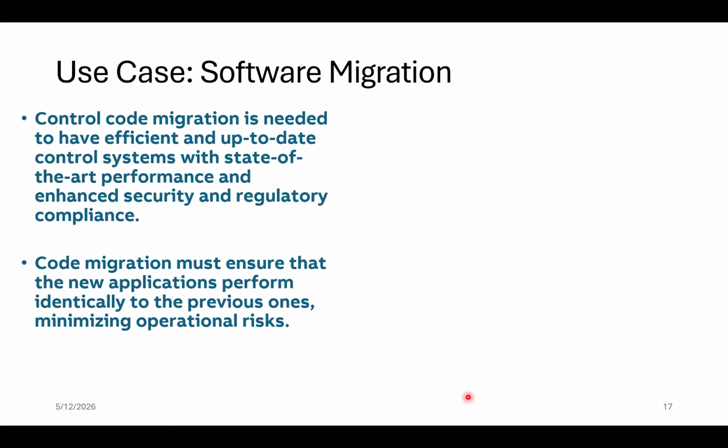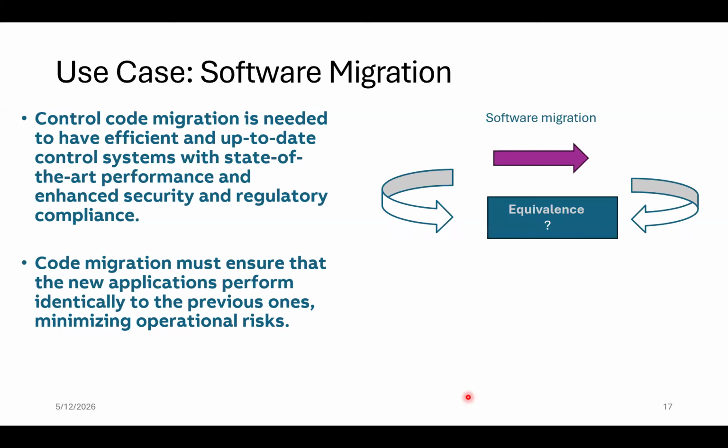And why? Because it minimizes the operational risks. It improves security, regulatory compliance, etc., as well as carbon emissions. So the overall broad problem is that the heritage code is migrated to a modernized platform.